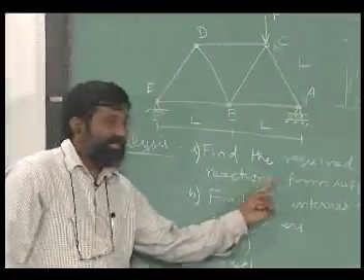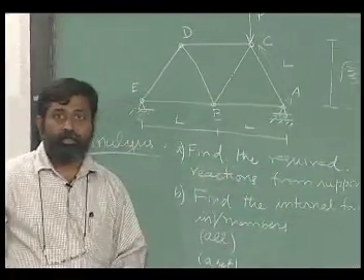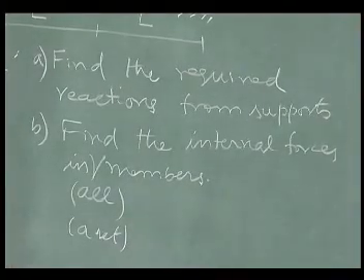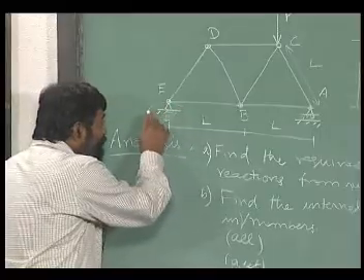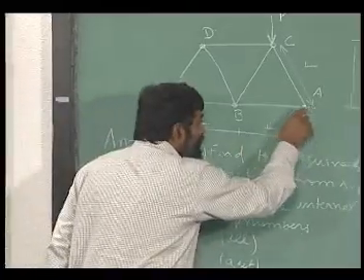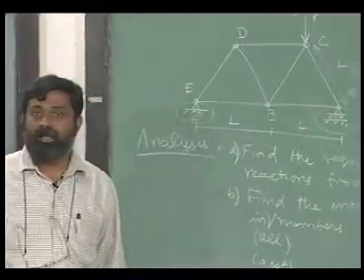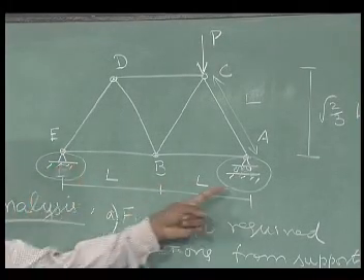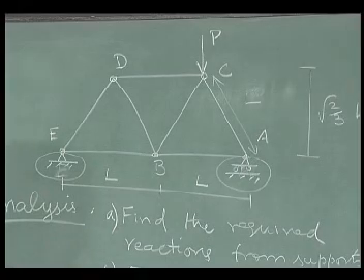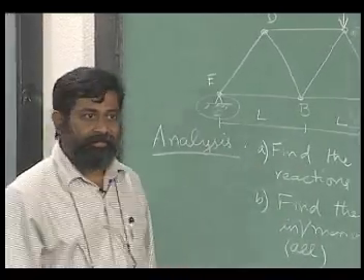If I have to find out the reactions from the supports, one of the important things that I have to do is remove these supports and draw a free body that is devoid of these supports, okay. Let us do that exercise as a first step.